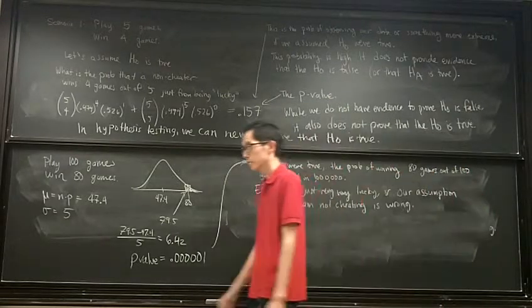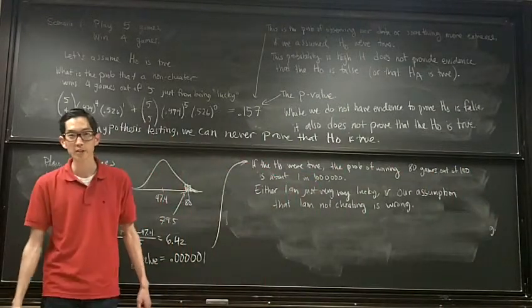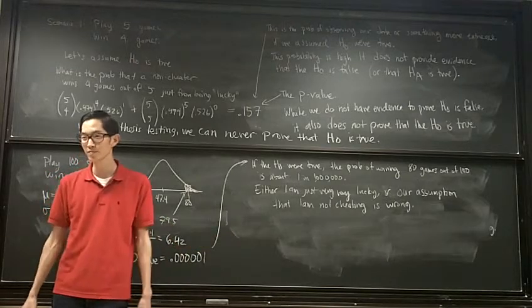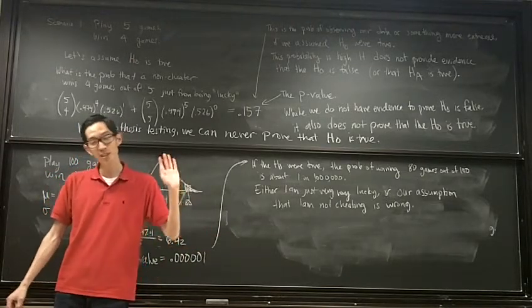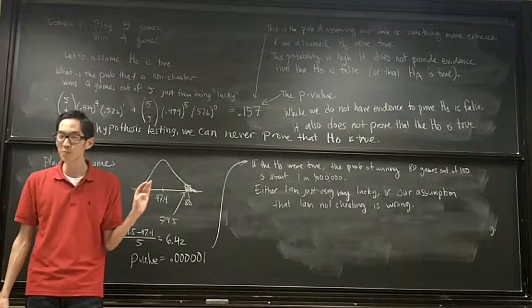Is it possible that I was playing a fair game and won 80 games out of 100? It's possible. It's very, very, very unlikely, but it's possible.